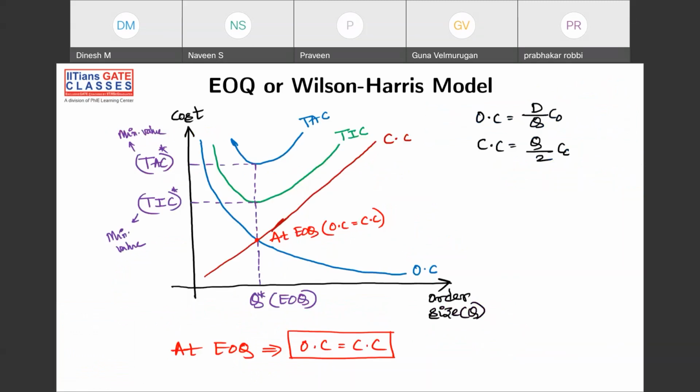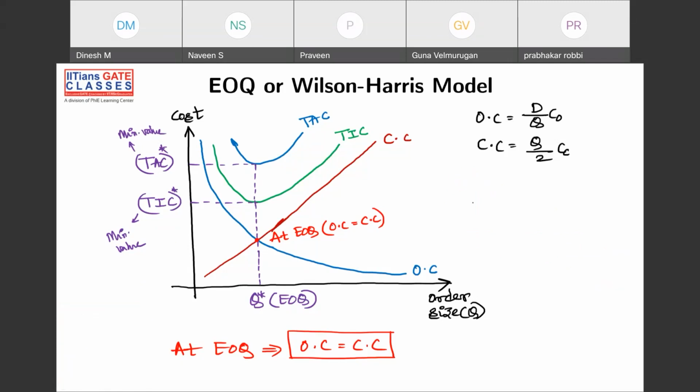Okay, this is a very important graph that we have to discuss. We have drawn time and quantity so many times. Instead of that, we are drawing the graph between cost and quantity, the order size Q. So let's see some things.